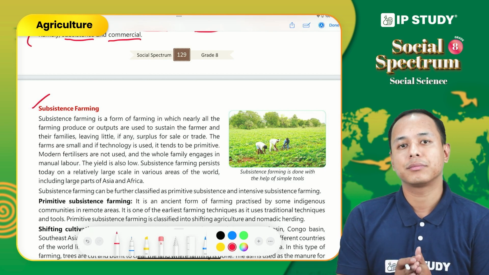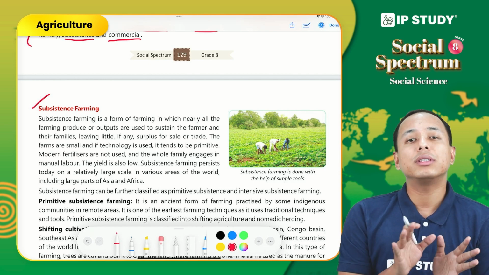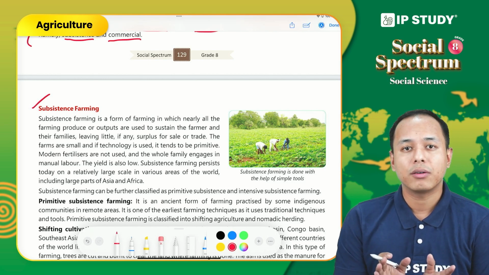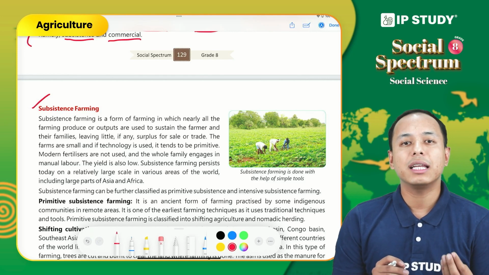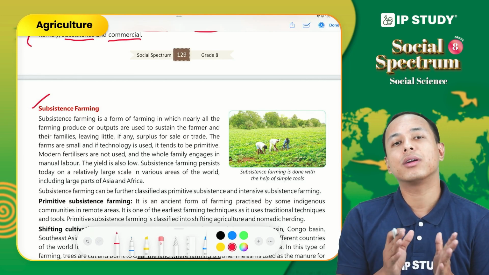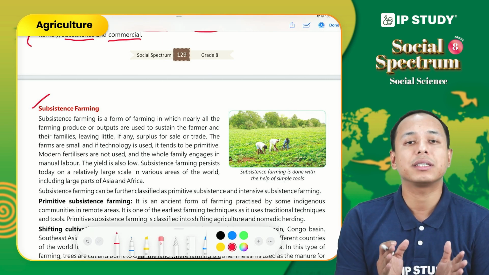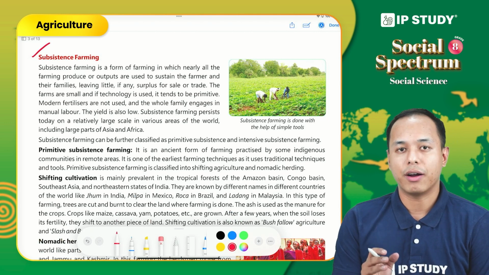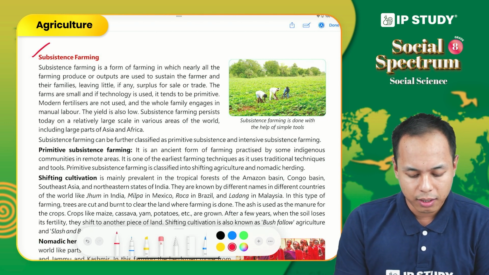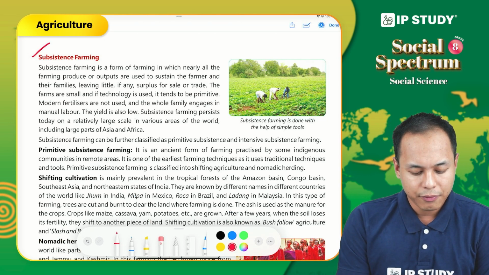The technology used is also very primitive, and there is no modern technology. Also, it is very unlikely that modern facilities like fertilizers and pesticides are used. So this is subsistence farming, and it is mostly practiced on a large scale in large parts of Asia and Africa.